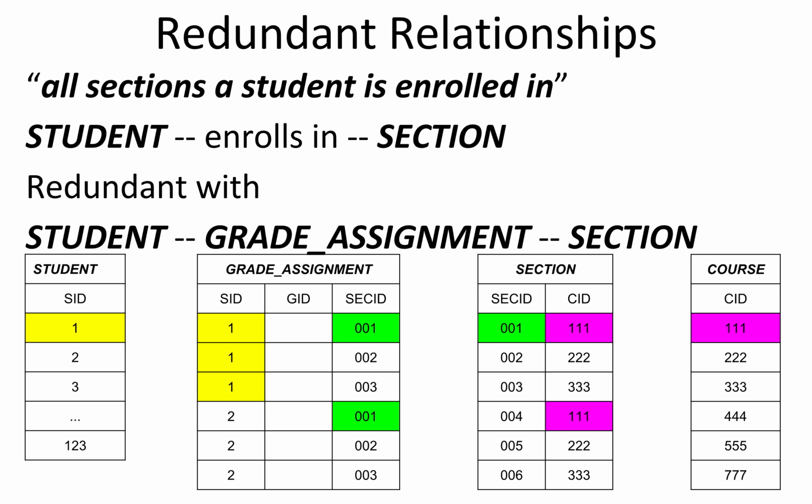Here we have the student, we have the grade assignments from earlier. I think this is a slide that should have been earlier from the previous. Oh no, okay, redundant relationships. So we have students, we have grade assignments that are referencing the students, and pointing to sections. So we have student ID.